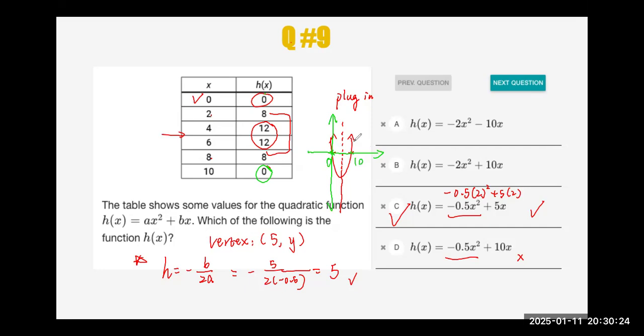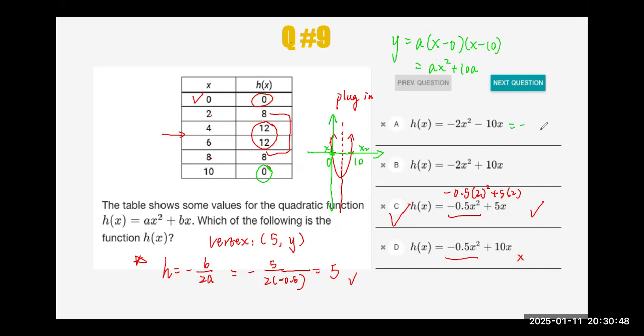So these two, we call them x1, x2. They are the x-intercepts. So I quickly do y equals a times (x minus 0)(x minus 10), the intercept form. Then I have a x squared minus 10a x. Or you can do this.